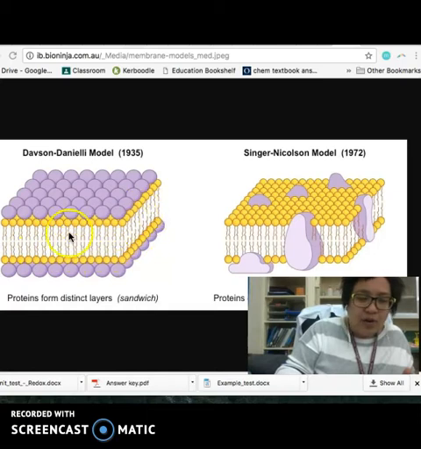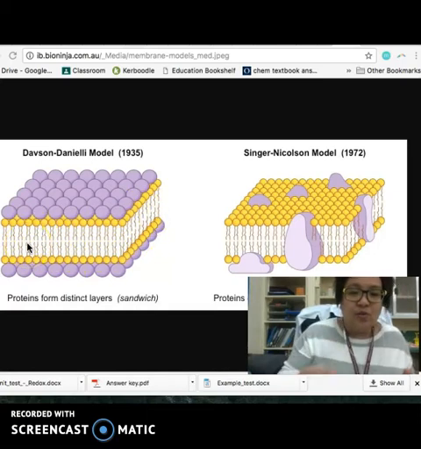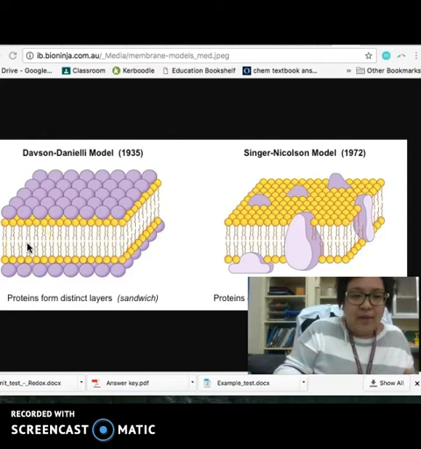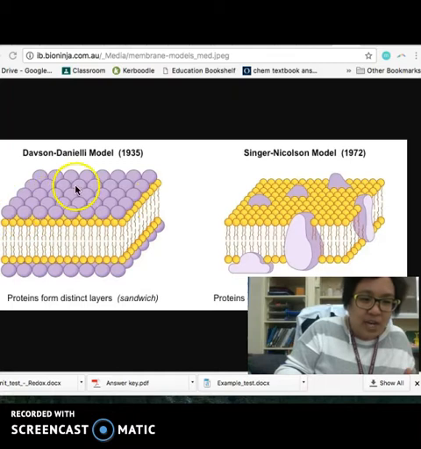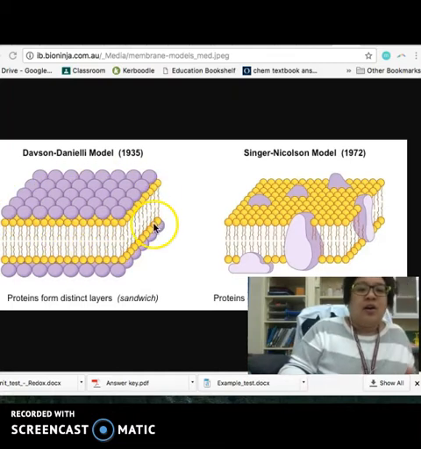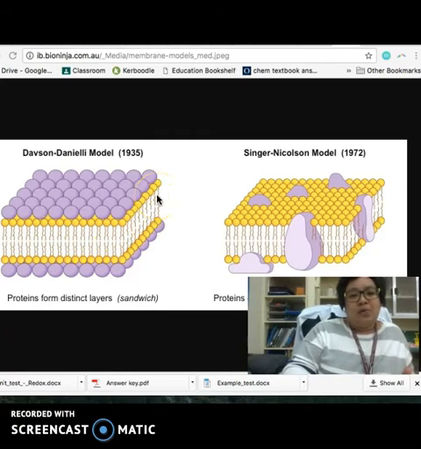And it will only light up if it's attached to proteins. Therefore, proteins are not just found as a layer, but embedded across your plasma membrane.